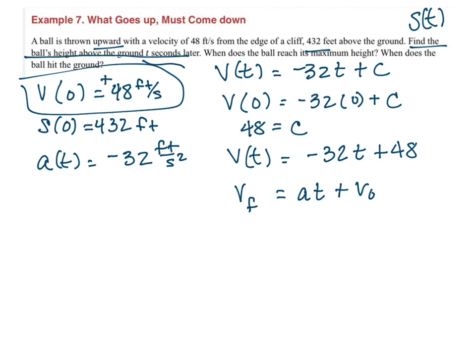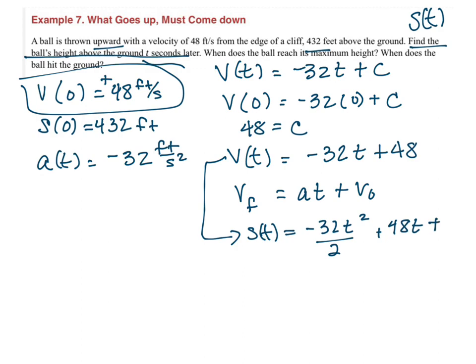All right, so from here, we need to find our position function. S of t is going to equal negative 32t squared over 2 plus 48t plus d.